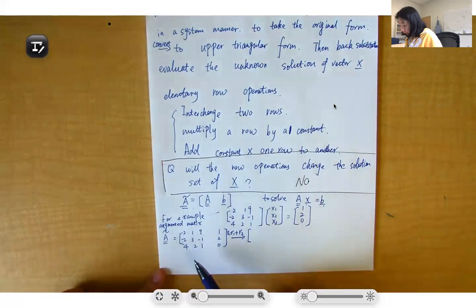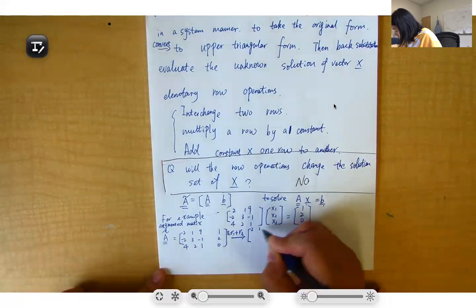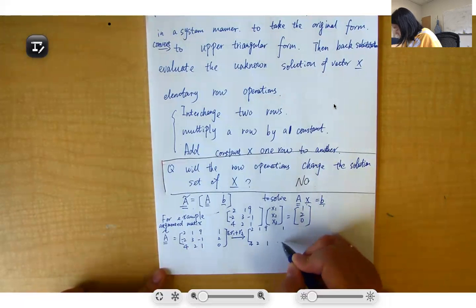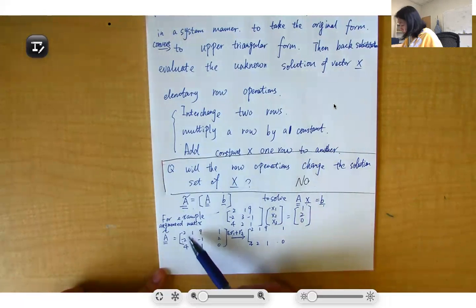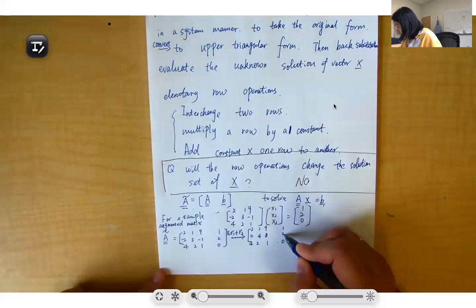The goal is to get all these values to be 0 so that you have an upper triangular matrix. The first line doesn't change: 2, 1, 9, 1. The third line is still 4, 2, 1, 0. The second line, the number plus the first line, will be 0, 4, 8, 3.